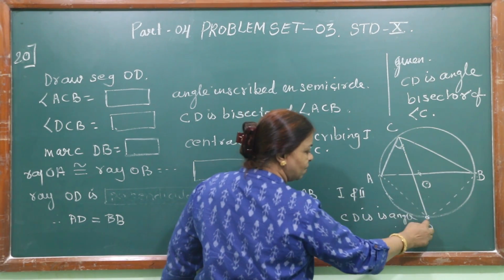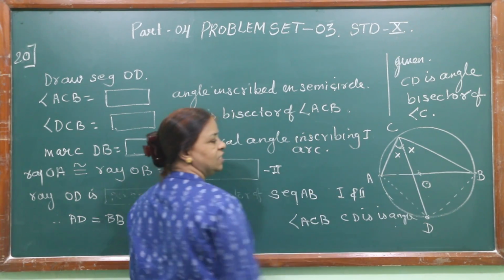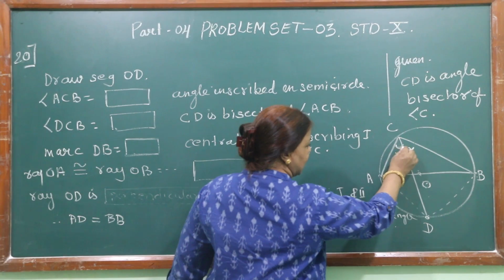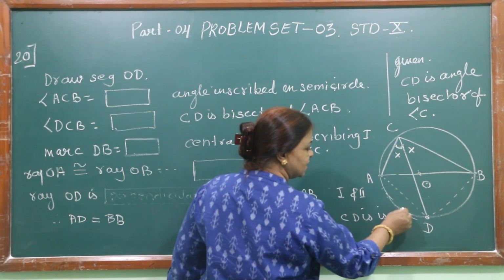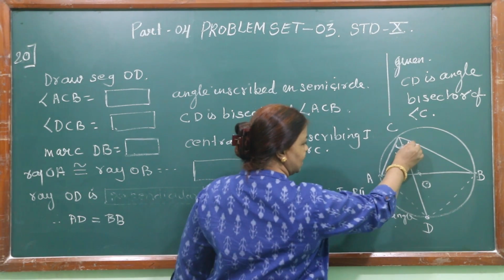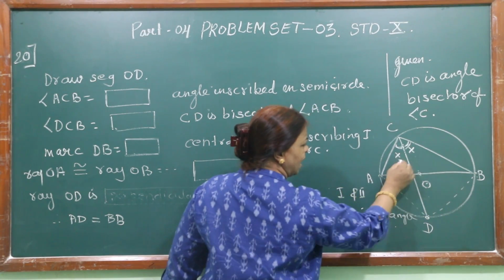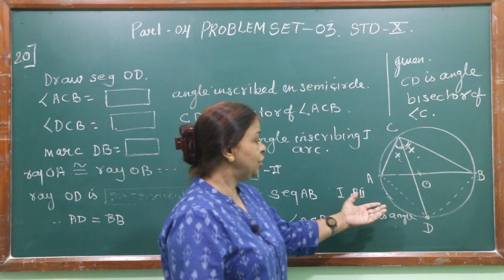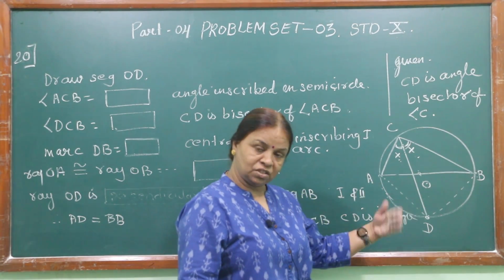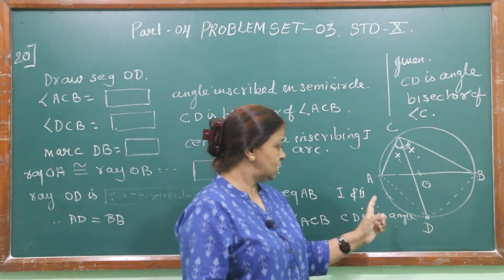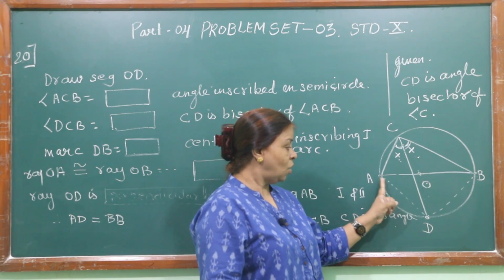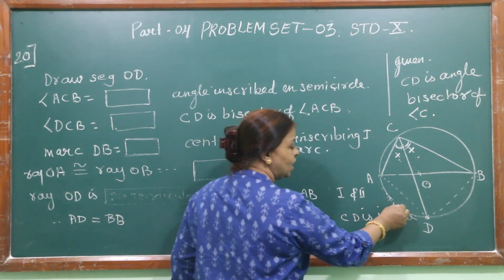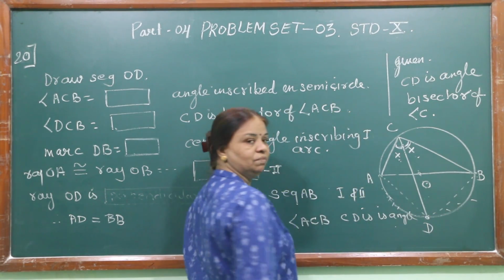If CD is the bisector, this angle is going to be equal to this angle, yes. This angle is intercepting this arc. If two angles are equal, arcs are equal. If arcs are equal, as you have learned in the theorem, chords of equal arcs are also equal.